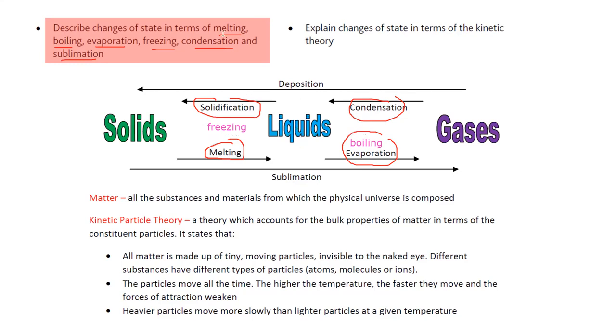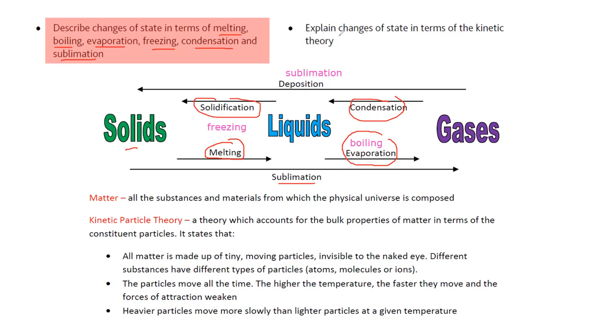And when a solid directly converts into gas, we call it sublimation, or when a gas directly converts into solid, deposition, or you can also say sublimation. That is acceptable. So both changes, when a solid changes to gas or a gas changes back to solid, we call that sublimation.